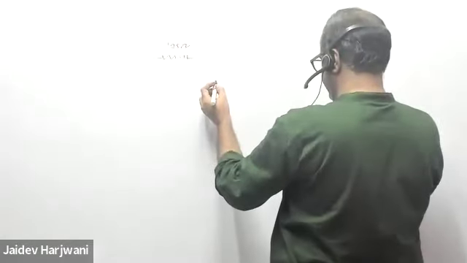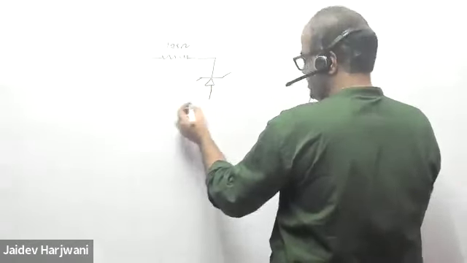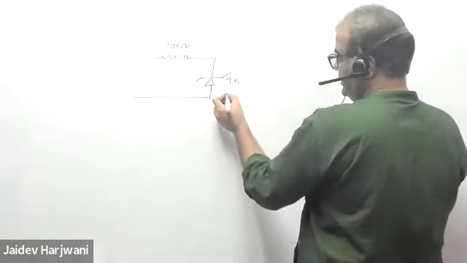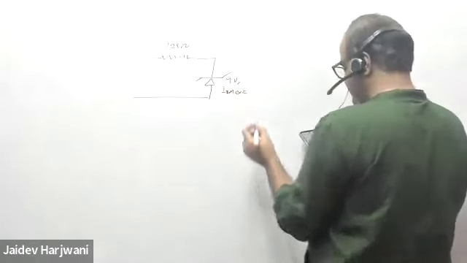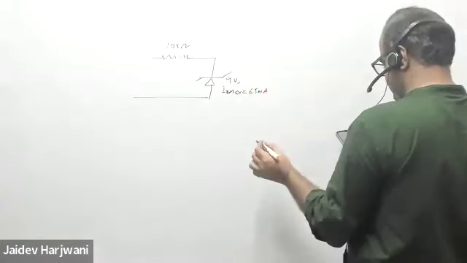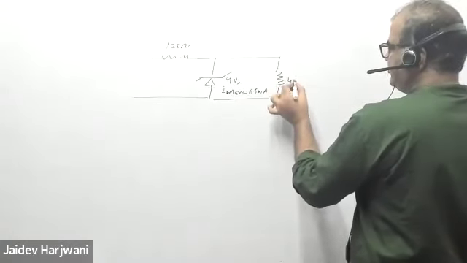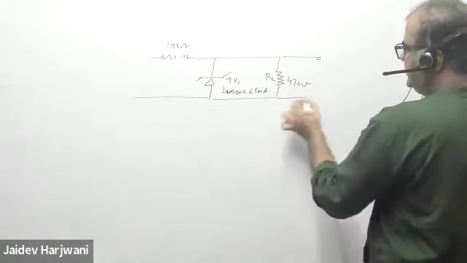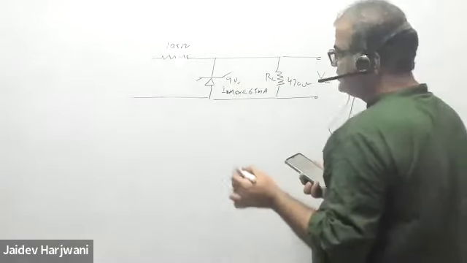A Zener diode is given here, with a 9-volt battery, and IZ max is given, meaning the maximum power parameter, which is 65 milliamps. And here a load resistance is given, which is 470 ohms, RL. And here you have taken the load VL, which is regulated 9-volt. And this is the V input value.